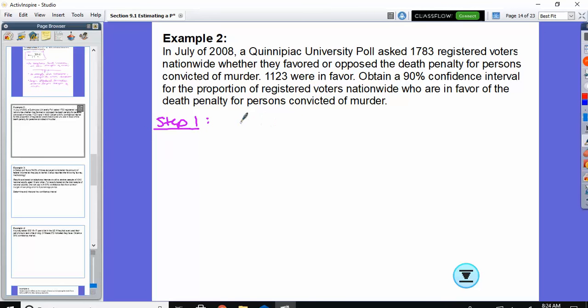Step one, you need to get your point estimate. We already did this once. Our p hat was our x over n. We got 0.6298, I'll put a couple more decimal places, 37.